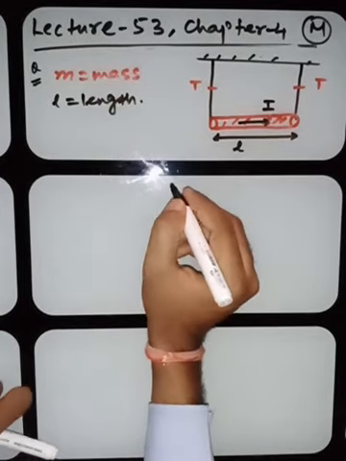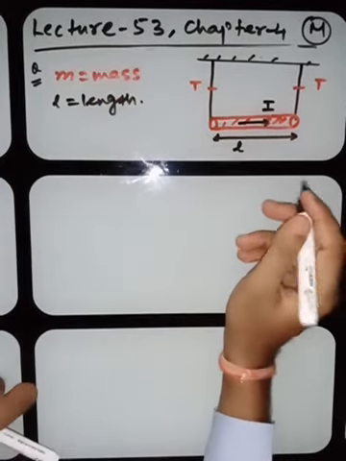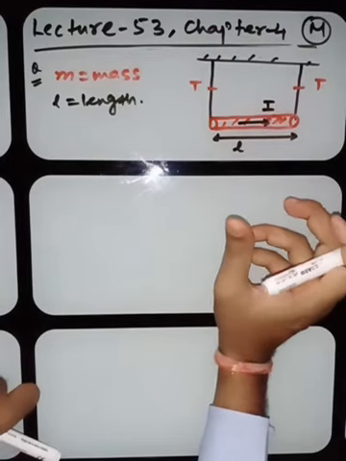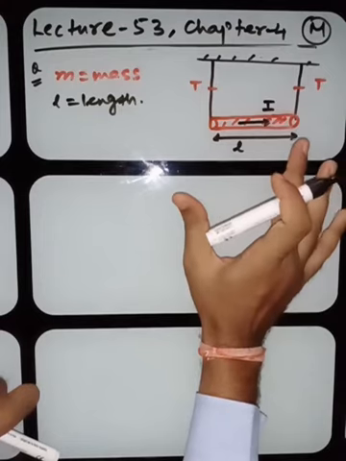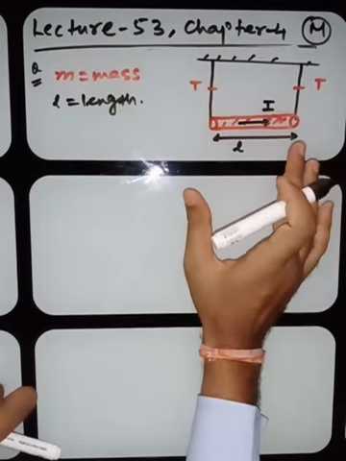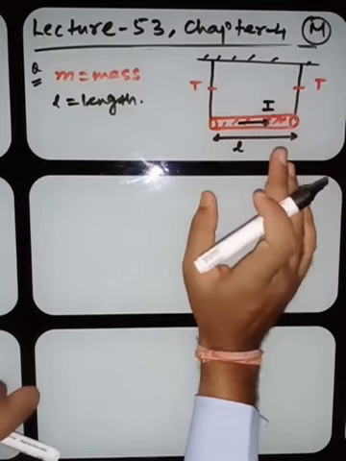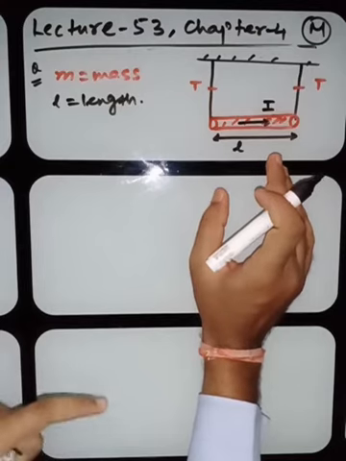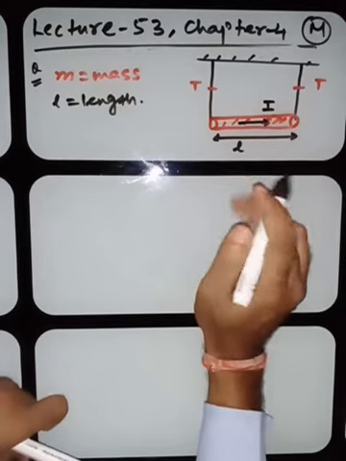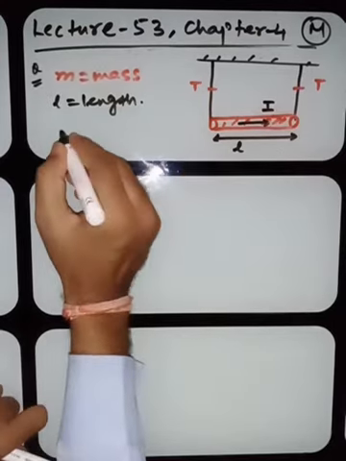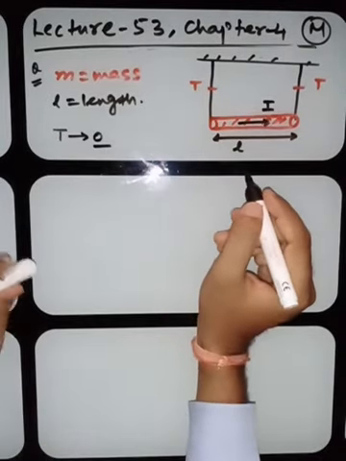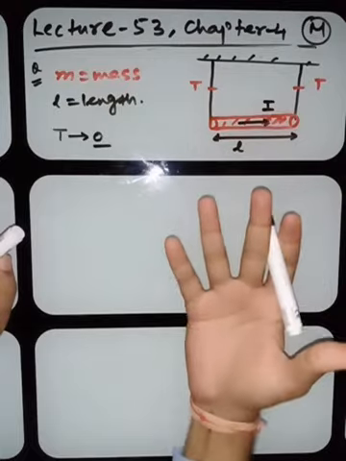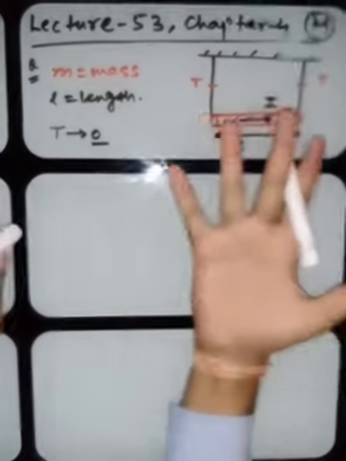Now, the question is, what should be the magnitude and direction of the magnetic field so that the tension becomes zero? You have to maintain this tension as zero. You have to establish a magnetic field over the plane of this board.